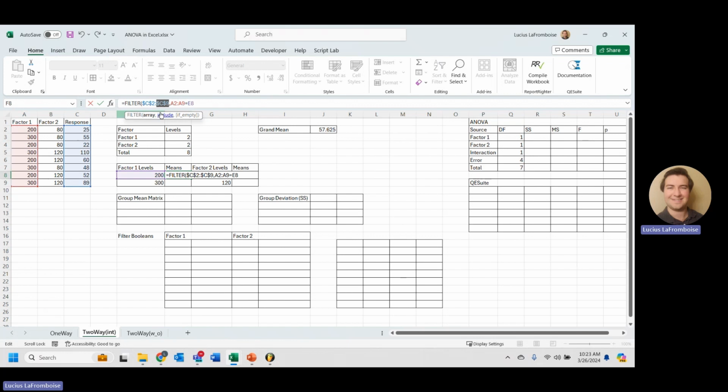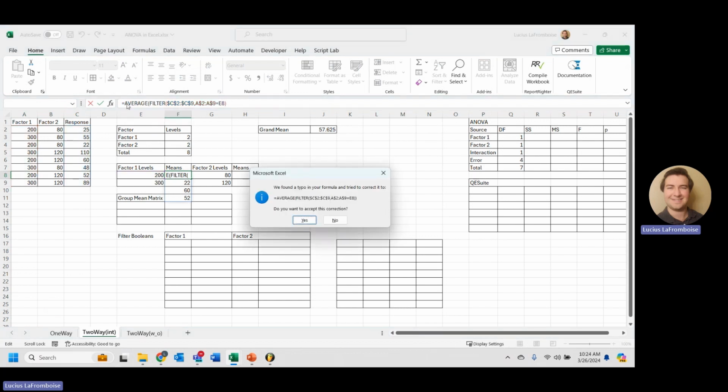Now I'm going to absolute reference our response rows so that we aren't moving up and down as we drag this, and enter, and you can see it returned 25, 22, 60, and 52.